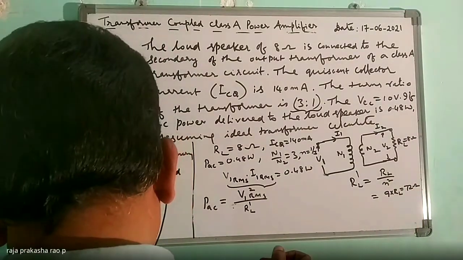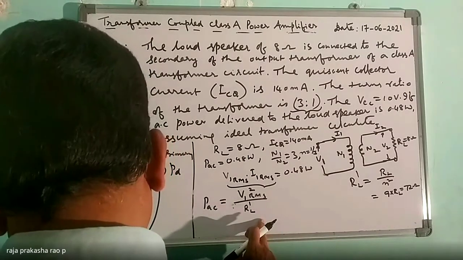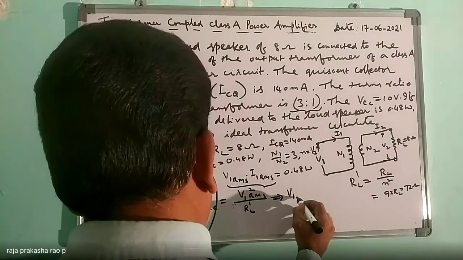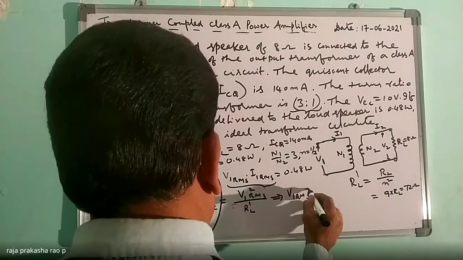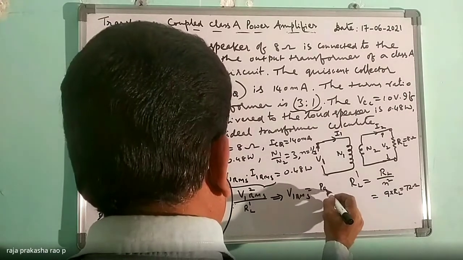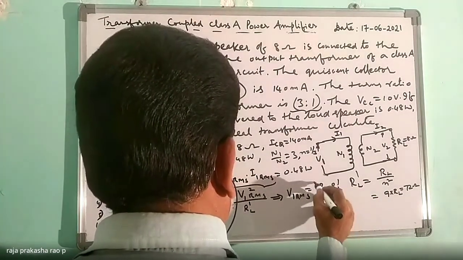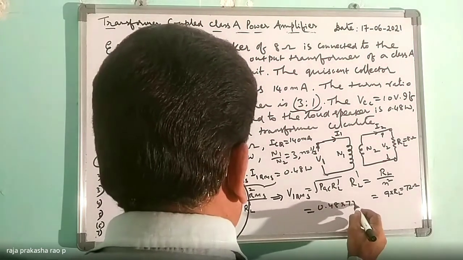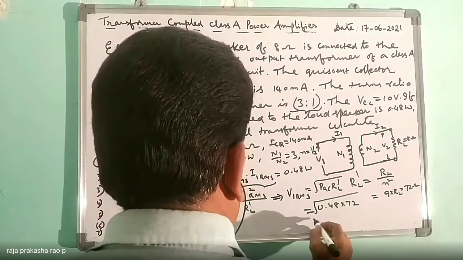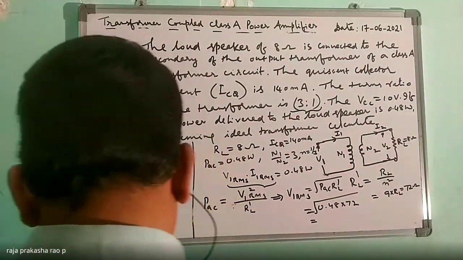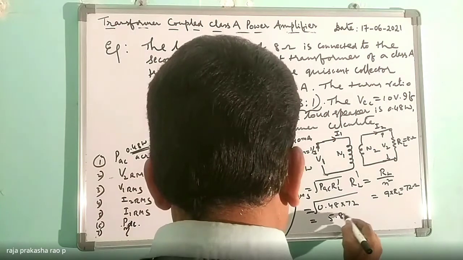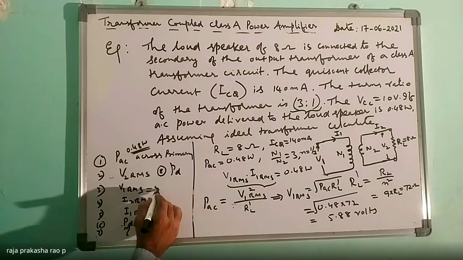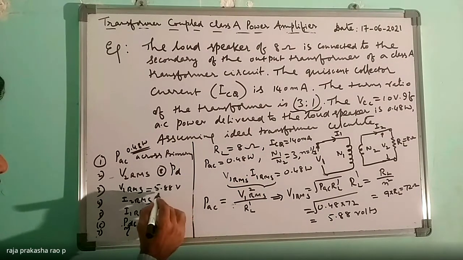So PAC is equal to V1 RMS square by RL dash, which implies V1 RMS is equal to the square root of PAC into RL dash, which is the square root of 0.48 into 72. So V1 RMS is equal to 5.88 volts.